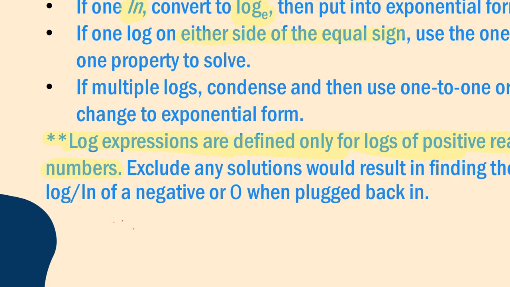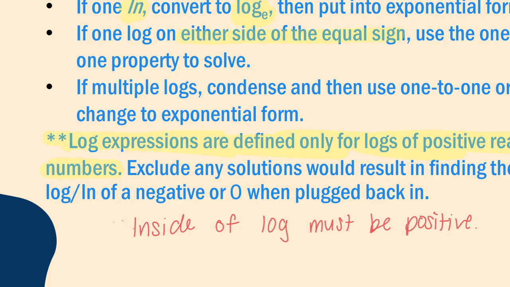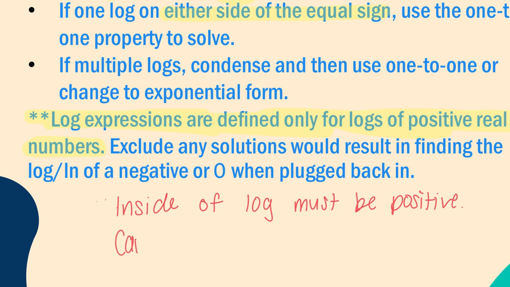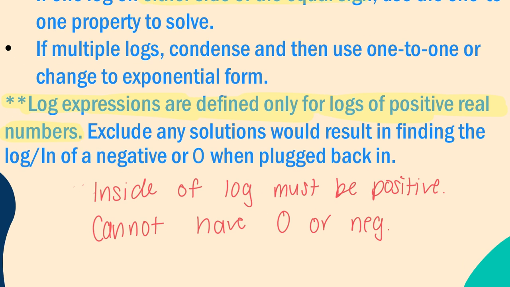I'll show you that when we get there. So that means your answer cannot be 0 or negative. We'll see that in some of the examples at the end. So if I get multiple answers, my answer cannot be 0 or negative.